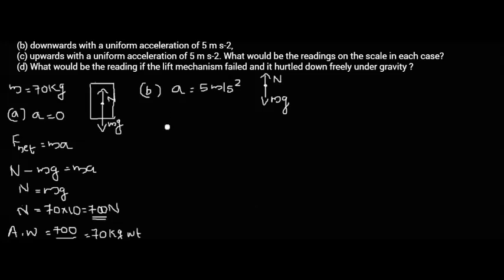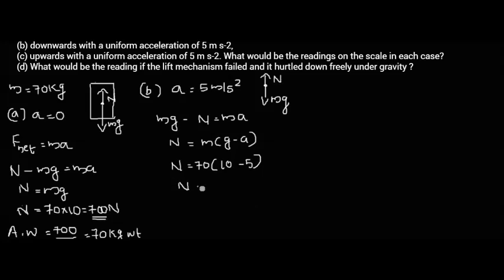Since it is moving downwards, the equation will be mg minus normal reaction is equal to m into a, and we have to find out what is the normal reaction. Normal reaction is equal to m into g minus a, which is equal to mass 70 kilogram into g is 10 minus acceleration 5.